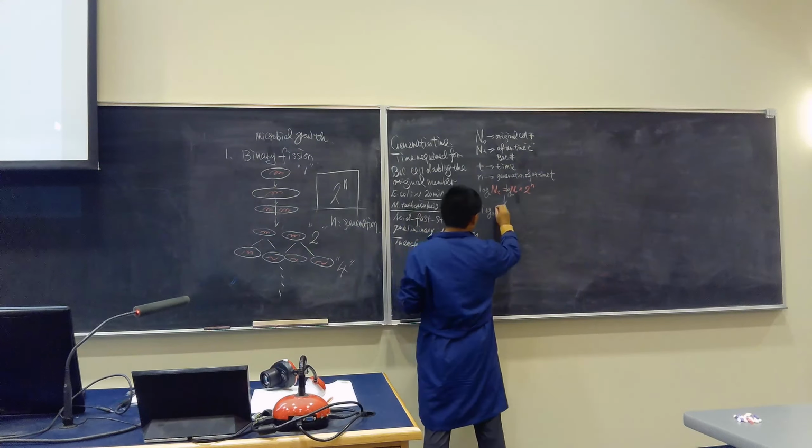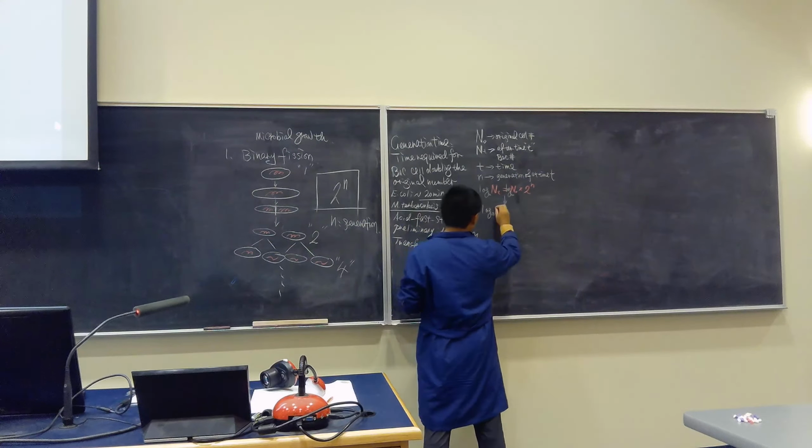Log 10 2 to the n equals log 10 Nt minus log 10 N0. Okay? And then we need to solve for that n. So what's the n going to look like?